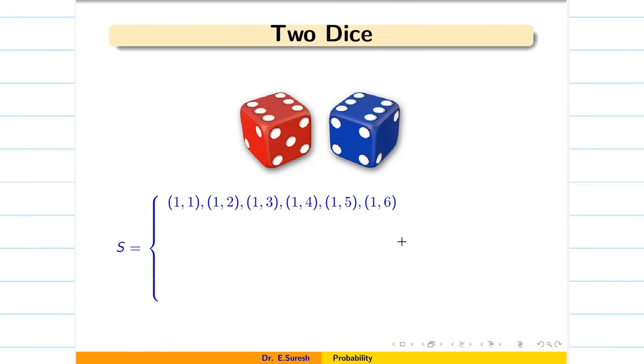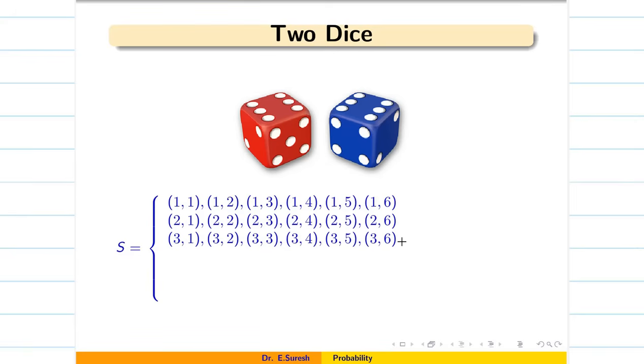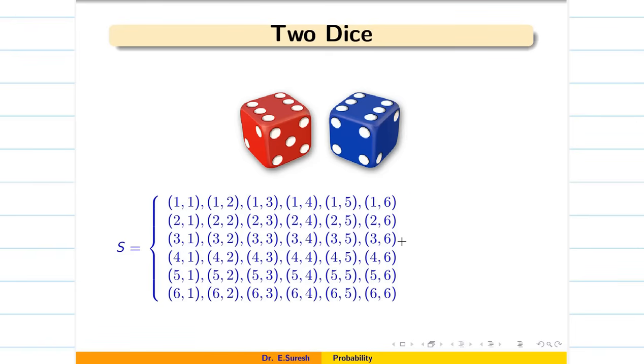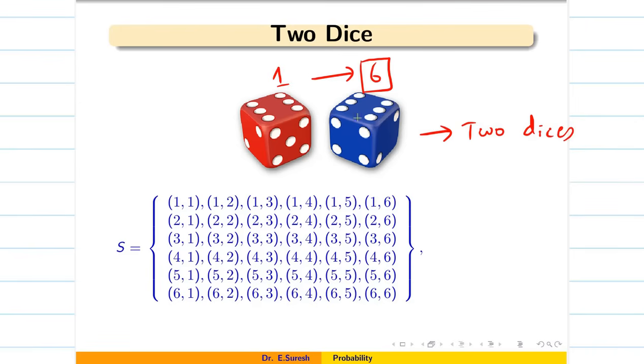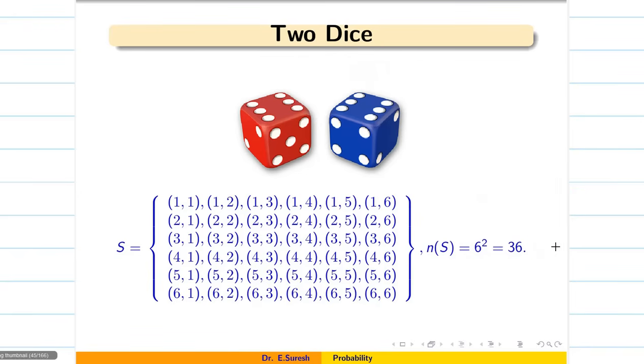Then similarly I can fix 2 as my outcome in the second die. I am just writing all the possible outcomes. Similarly, if I fix 3, 4, 5 and 6. So that means if I throw 2 dice together, I can have one possibility with 6 different combinations. So I have 6 into 6, 36 combinations. So the cardinality for 2 dice is going to be 36.